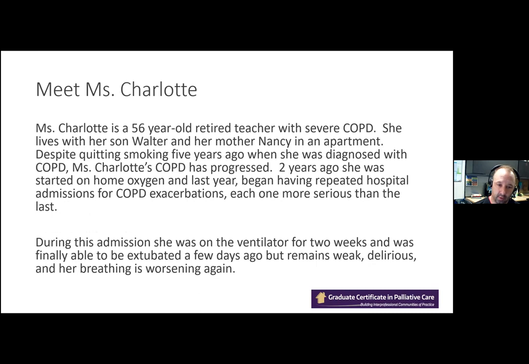Despite quitting smoking 5 years ago, she was diagnosed with COPD at that time, and her COPD has progressed. 2 years ago, she started on home oxygen, and last year had repeated hospital admissions for COPD exacerbations, each one more serious than the last. During the current admission, she was on the ventilator for 2 weeks, was able to be extubated, but remains weak, delirious, and unfortunately her breathing is worsening again.